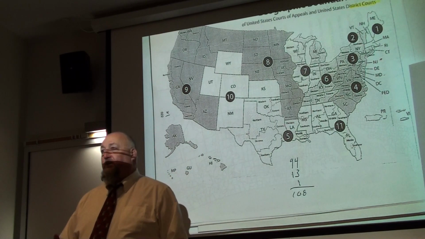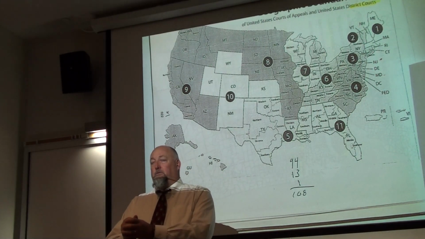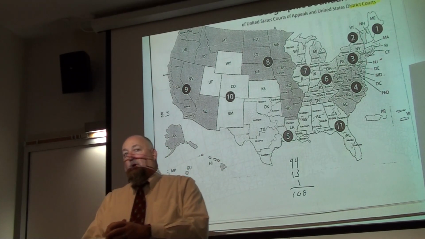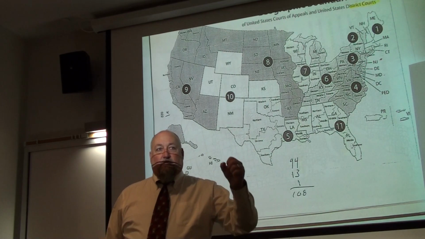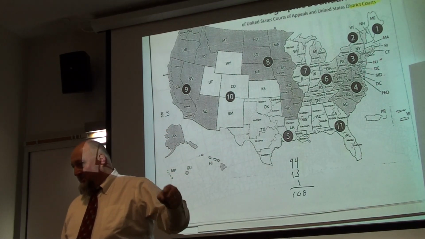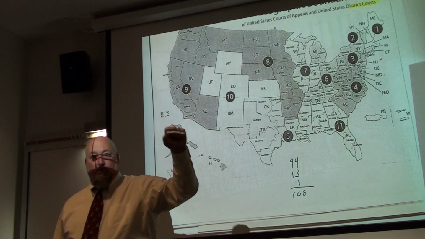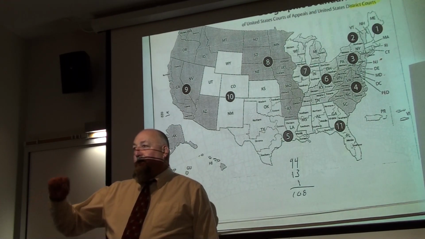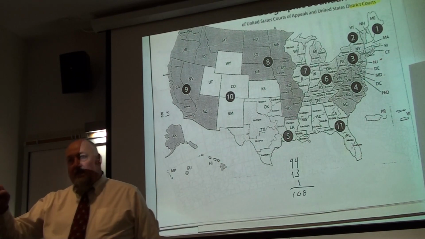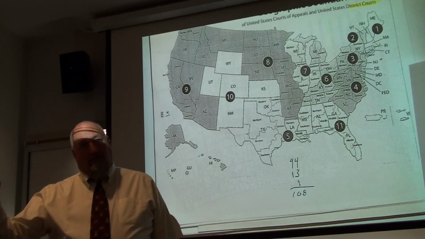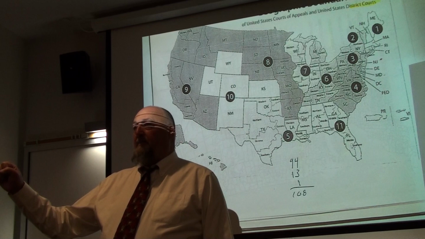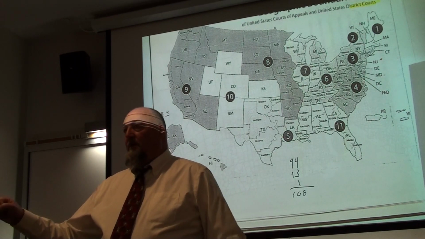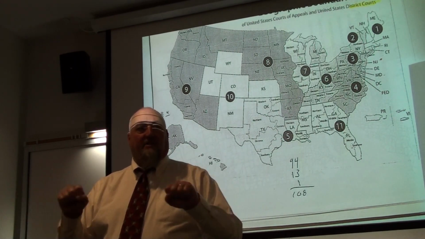So you have essentially the same federal law. However, in the 9th Circuit, because of court decisions there, the law is interpreted one way. And in the 11th Circuit, this very same federal law, the court came out with a different decision. That's called a split in the circuits.